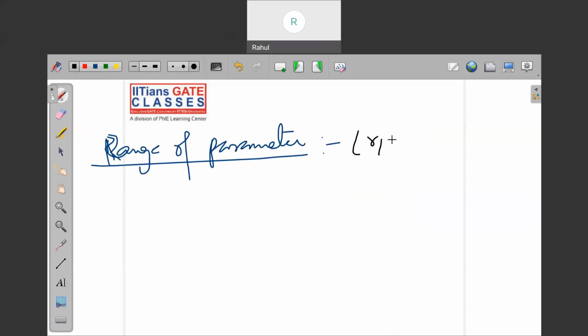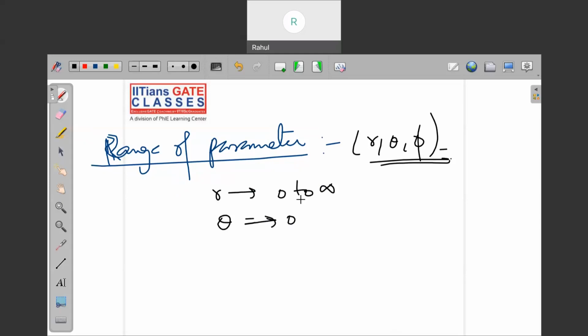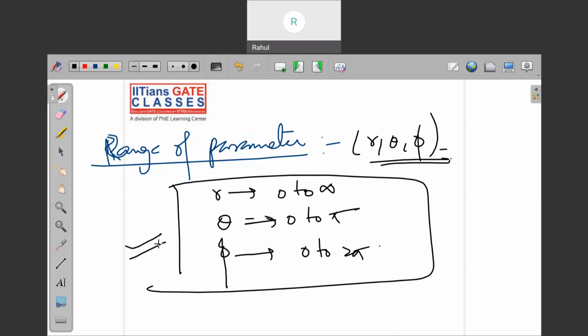R can range from 0 to infinity, theta can range from 0 to pi, and phi can go from 0 to pi. This is the range. And remember always, theta can go from 0 to pi.